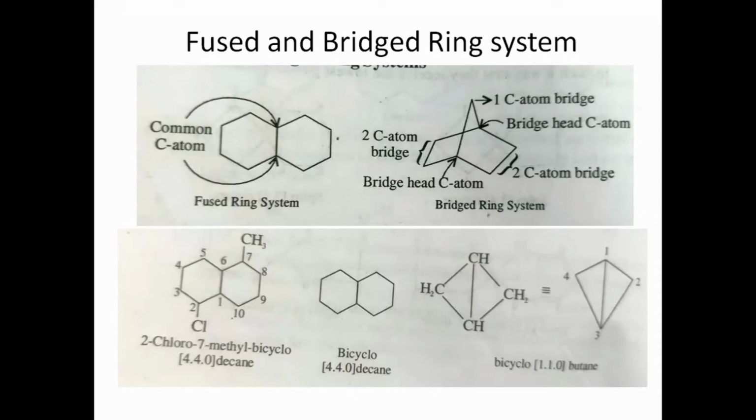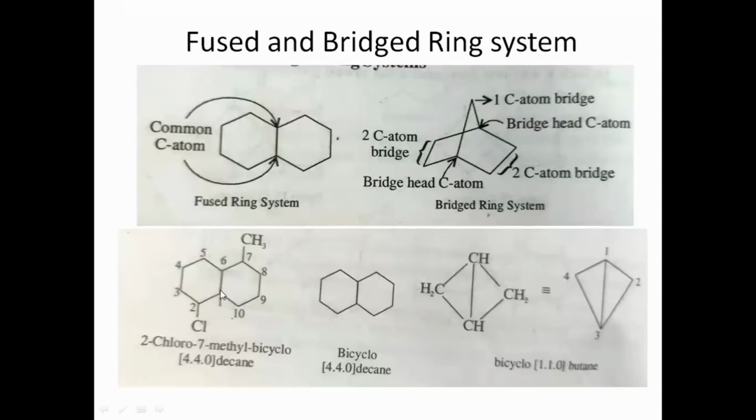While counting the number of carbon atoms for the parent chain, we will count the bridgehead atoms also. So see the first example here. Always the numbering starts from the bridgehead carbon atom. So here 1, then the substituent. Now here the same number of carbon atoms are present in both the rings.